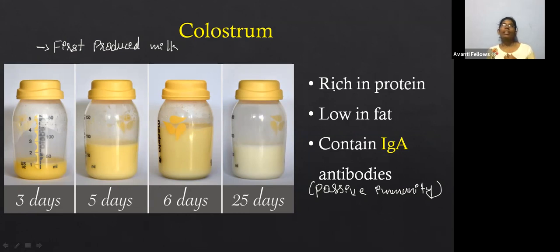If our body builds the immunity on its own, that is active immunity. Here, the newborn baby is getting immunity or antibodies from the mother's milk, the colostrum. So this immunity is called passive immunity.